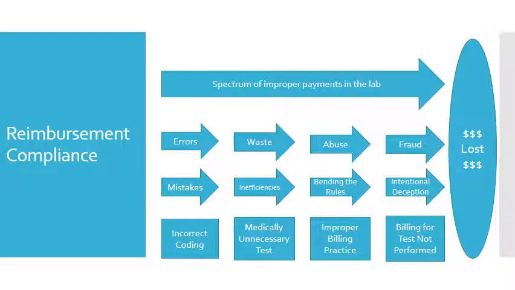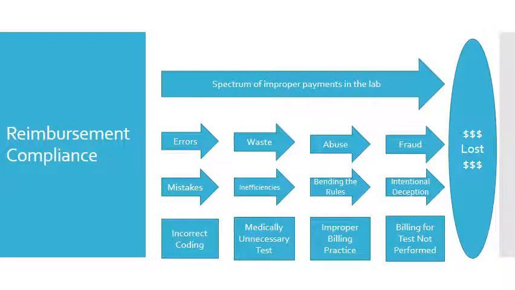One of the other big things for the lab is unbundling or exploding charges by billing for individual codes rather than by some kind of panel code or comprehensive code. So, for example, we bill for a CBC. That's actually a smaller bill than if you were to bill for an H&H plus a diff plus a red cell count plus a white. You can't do that. You have to bill for the bundled code, okay?